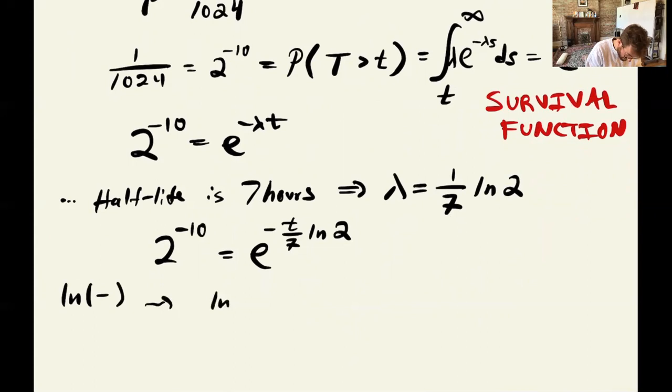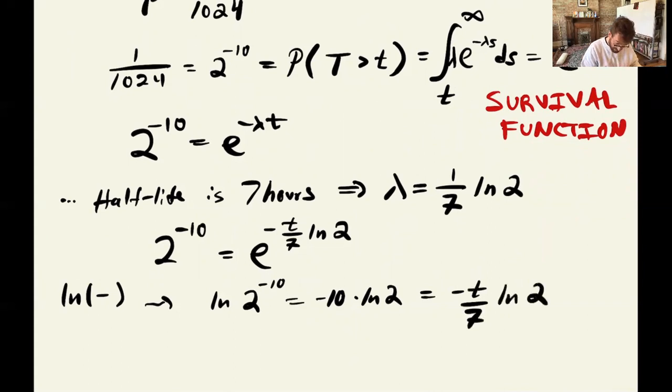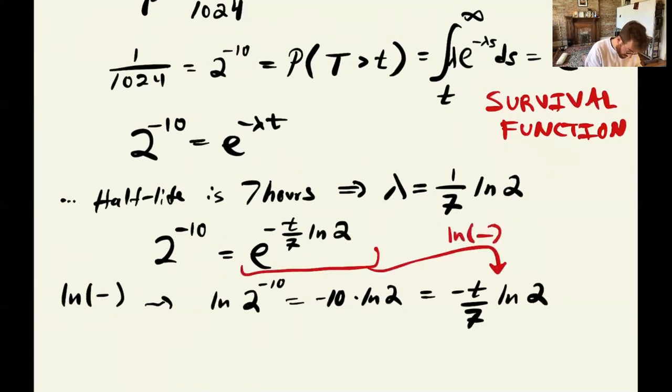Natural log of 2 to the minus 10, which is the same thing as minus 10 times natural log of 2, has to equal minus t over 7 times the natural log of 2. All right, so that's this side. Take natural log. And what I have written over here was just taking the natural log of the other side. And so just by matching coefficients of natural log of 2, I can see that t needs to be 70.